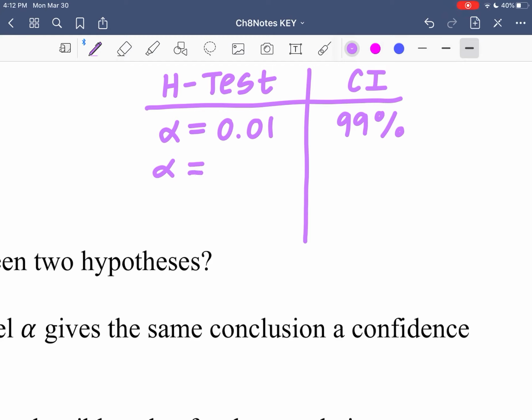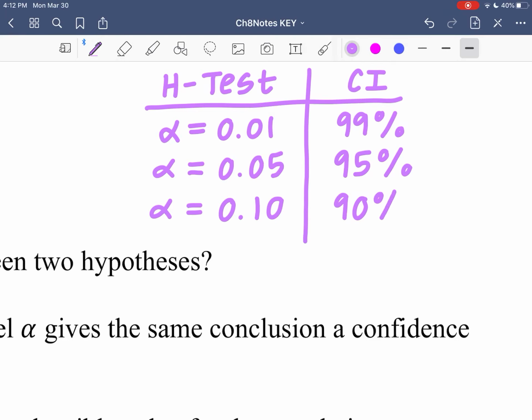If the hypothesis test has an alpha level or a significance level of 0.05, the corresponding confidence interval needs to have a confidence level of 95%. Let's do one more. If the two-sided hypothesis test has a significance level of 0.10, then our confidence interval needs to have a confidence level of, if you guessed 90%, you are correct.